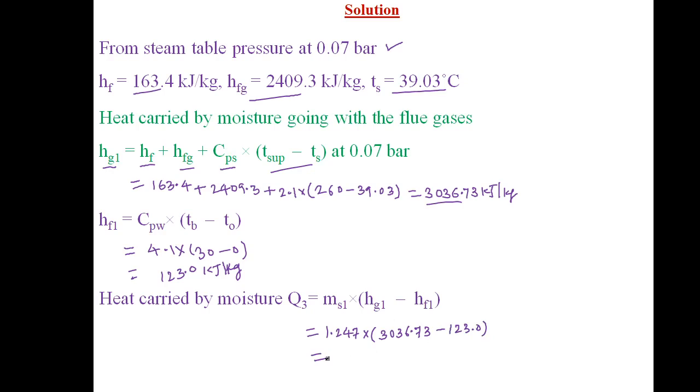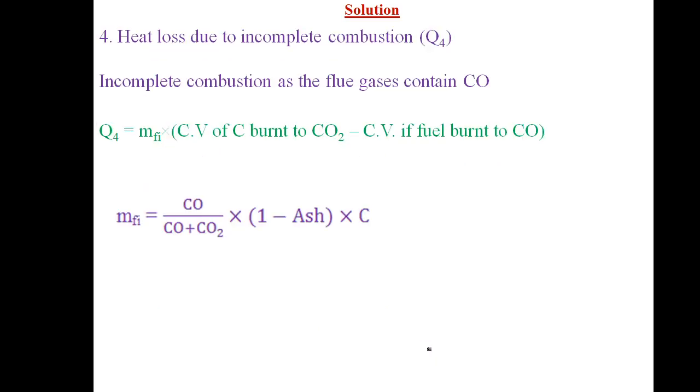On simplification we get Q3 as 3632 kilojoules per kg. So this is the third amount of heat, carried by moisture in the flue gases.